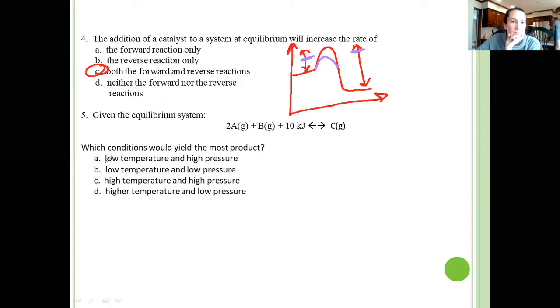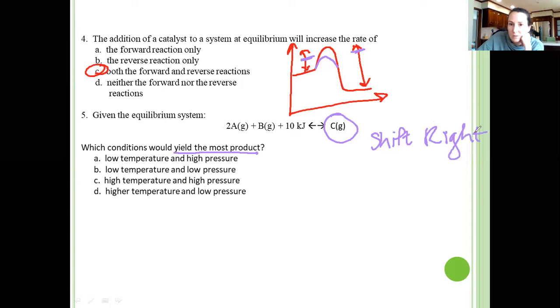Okay, number 5. Which conditions would yield the most product? So if I'm yielding the most product, that means I'm making more C. So if I'm making more C, that means you are shifting right, or the reaction is proceeding to the right.